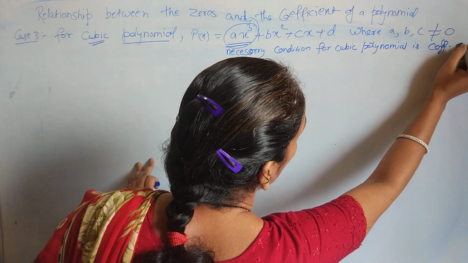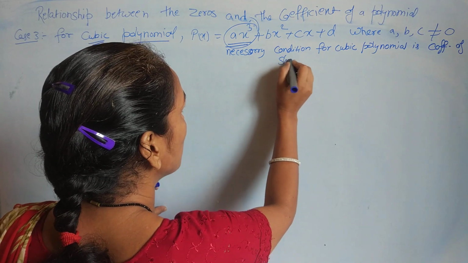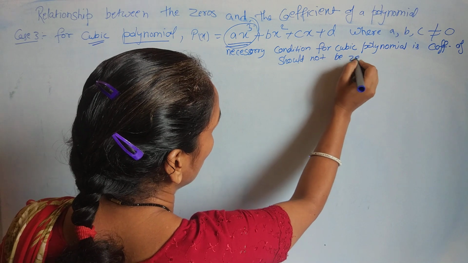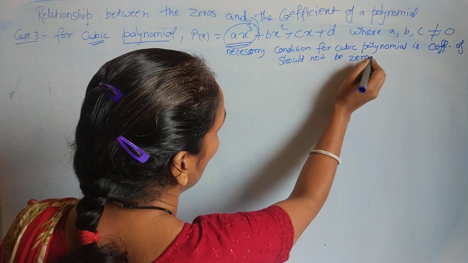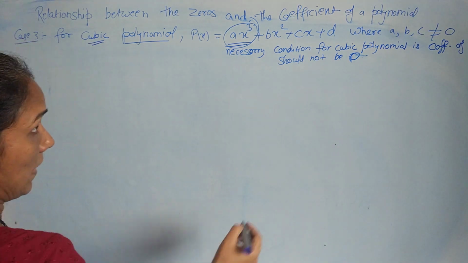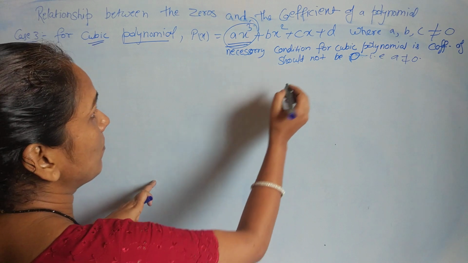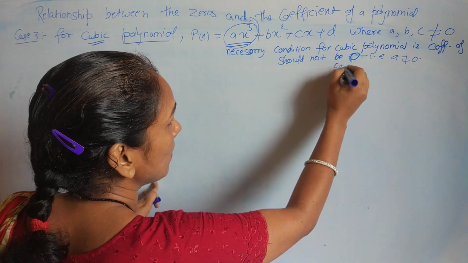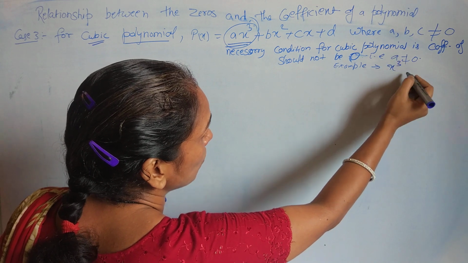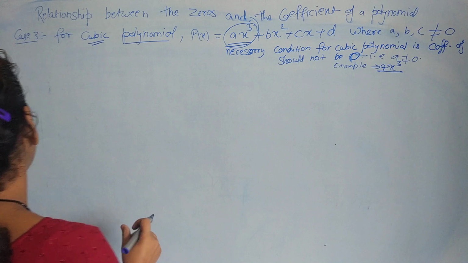That is, a is not equal to 0. For example, 4x cube is also a cubic polynomial.